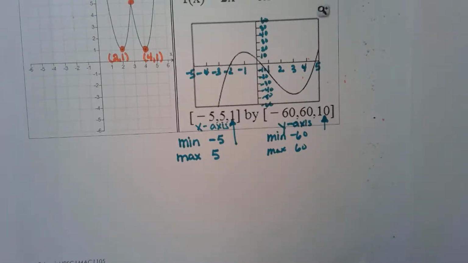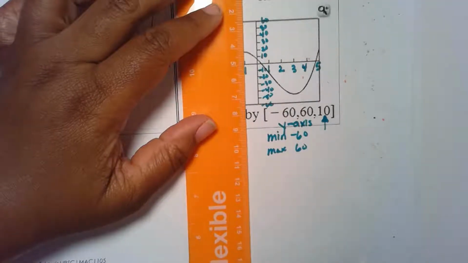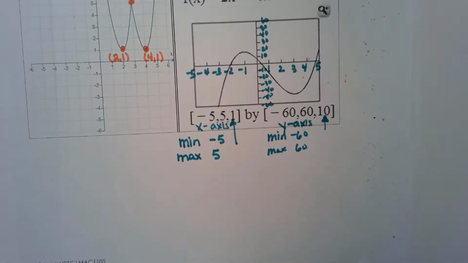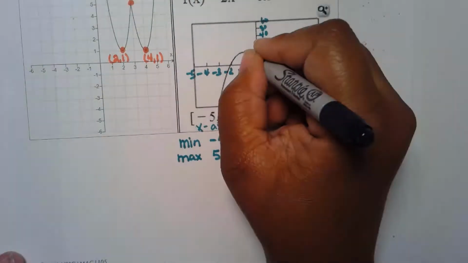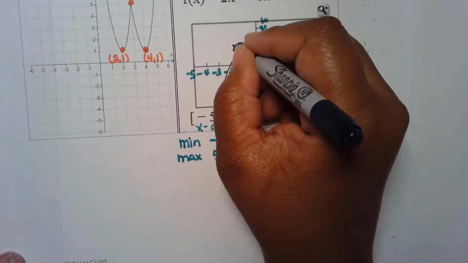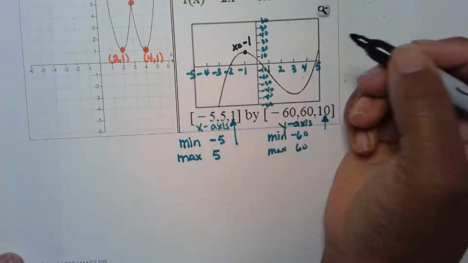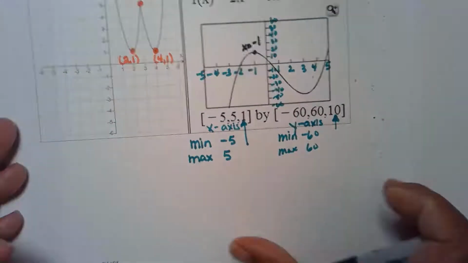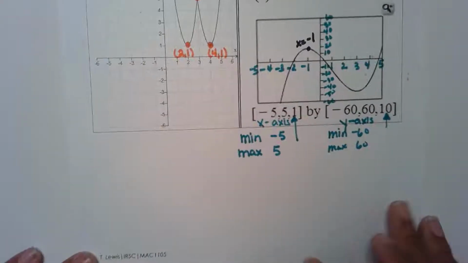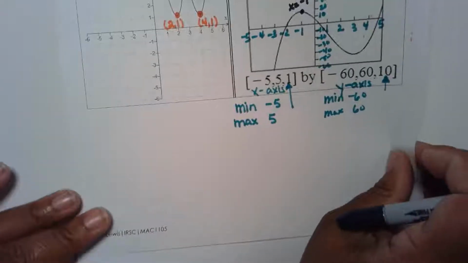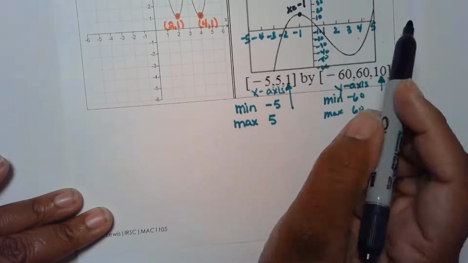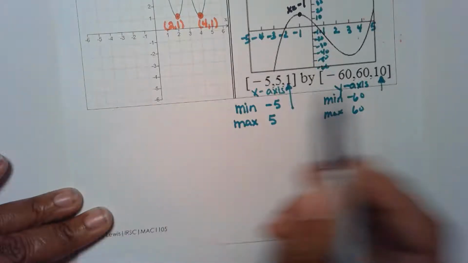It's not at 2, but at -1. That's your highest point, at -1. So we know x is -1. Now let's find the y value. So here's your max. Your max is at -1, but what would be the relative maximum? We need to find that.